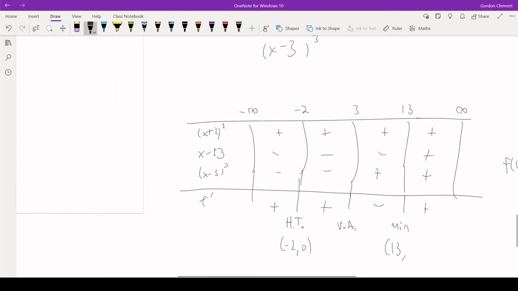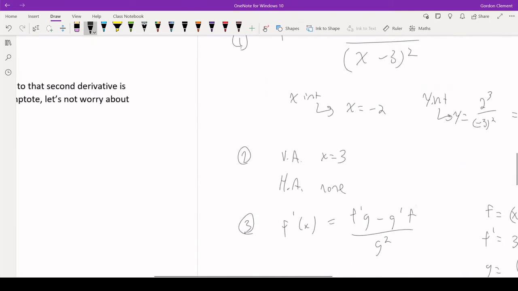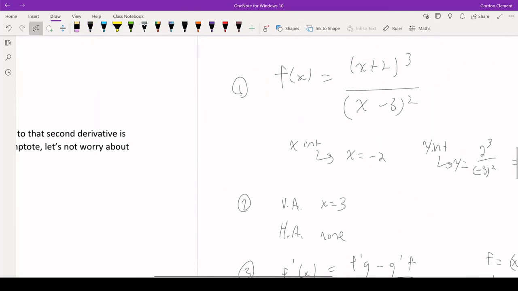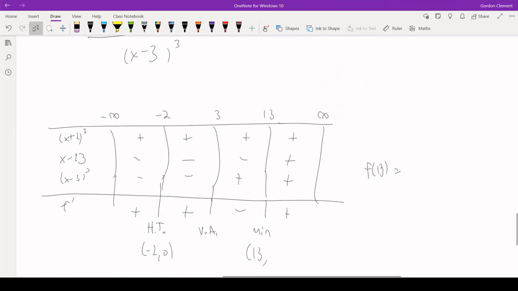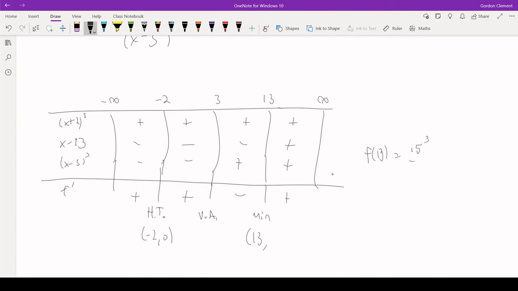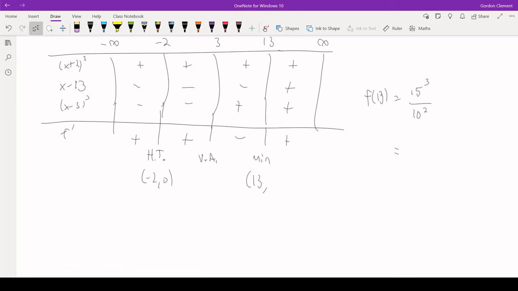which seems like it's going to be fun to do without a calculator. So it's going to be 15 cubed over 10 squared. Ooh, that's a big number. So 10 squared is 100.